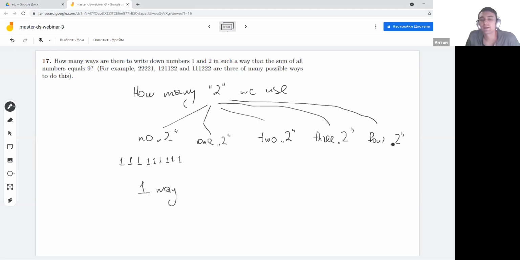We can't use five 2s, because if we have five 2s, then we have at least 10. Yes, five 2s give us at least 10, and this is more than 9. So these five possibilities are the only ones we have.